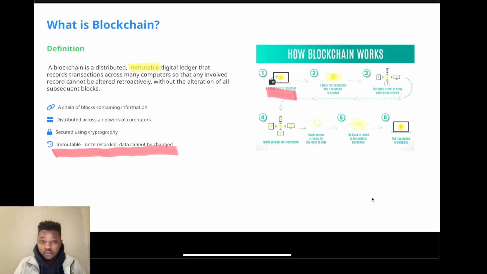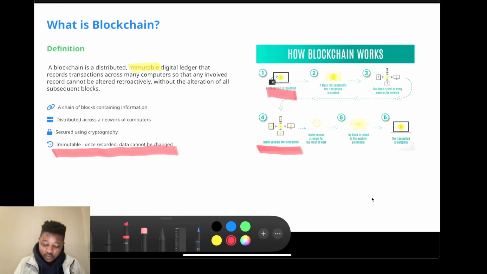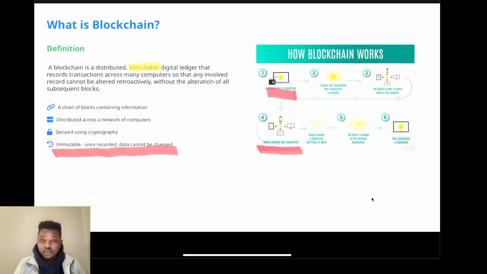Then there are people who run what they call nodes, which are decentralized computers. These decentralized computers are used by people to validate your transaction. After the transaction has been validated, it is moved into the blockchain, which is this part.